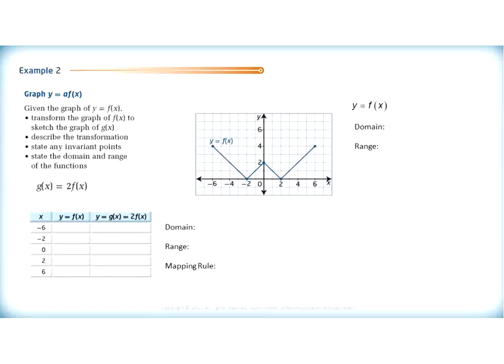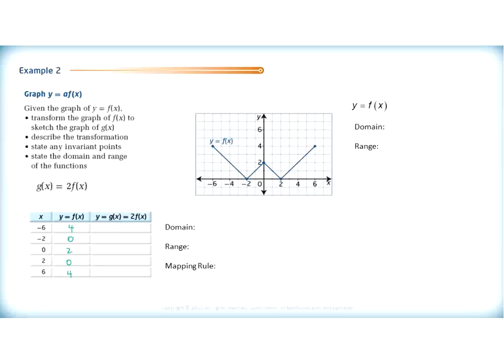First of all, let's transform the graph by using our table of values down here. The original graph has x at -6, y is at 4. x is -2, y is 0. Look at the original graph. x is 0, y is 2, x is 2, y is 0, x is 6, y is 4.